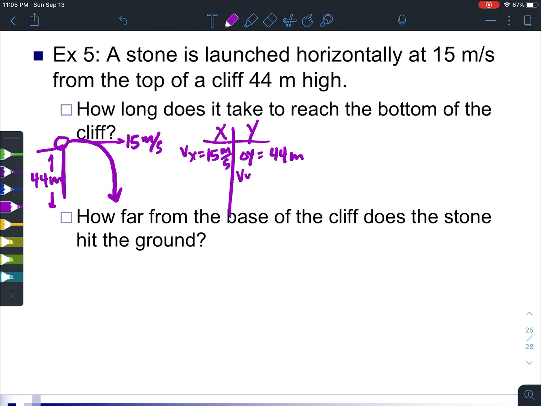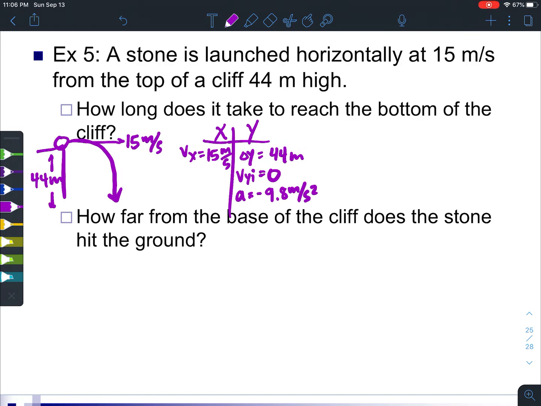We also know that Vyi is going to be 0 because this acts like a free fall object. When it's kicked straight out, there's no downward force before gravity starts affecting it. And so Vyi will always be 0 on horizontally launched objects. And then acceleration is caused by gravity, so that is only on our y side. Always only on the y side.